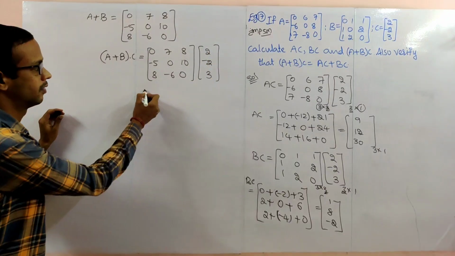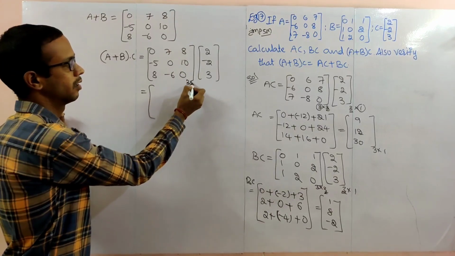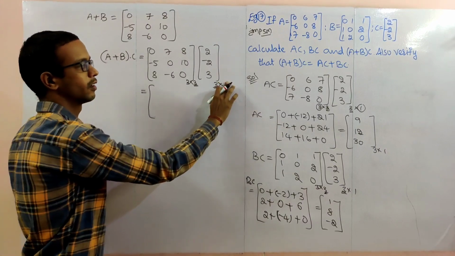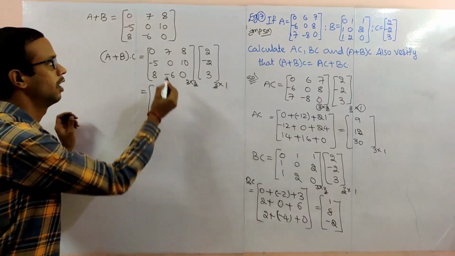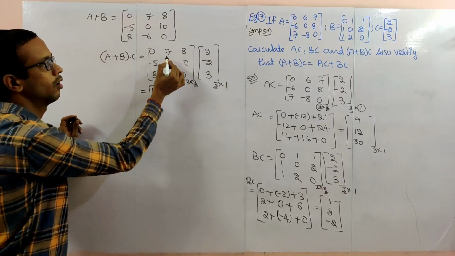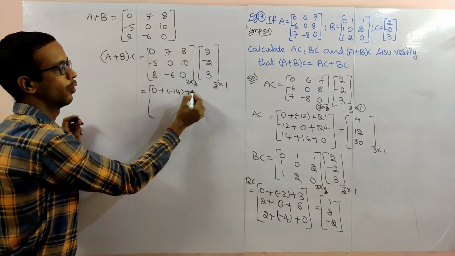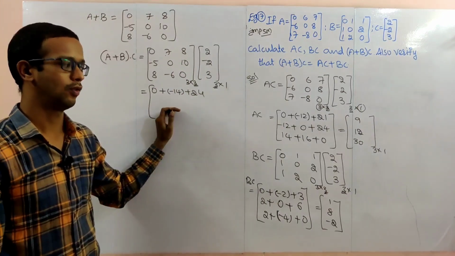Now multiply. Same 3 by 3 and 3 by 1 matrix; columns equal to rows, so the result is a 3 by 1 matrix. 0 into 2 is 0, 7 into minus 2 is minus 14 plus 24.